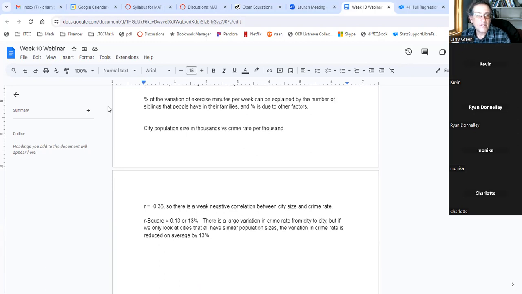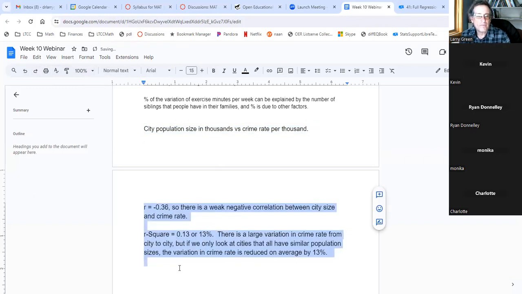Okay, so let me give you another example. Let's suppose the city population size in thousands is the X variable, and the crime rate per thousand is the Y variable. And let's suppose that R was negative 0.36. So by the way, we say we have a weak negative correlation between city size and crime rate.